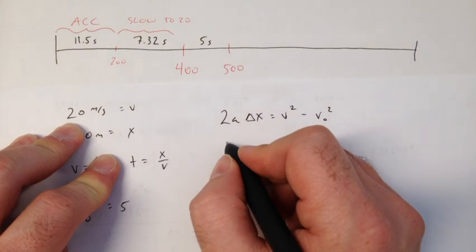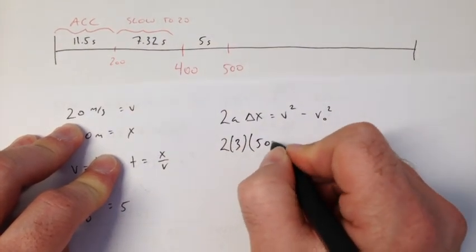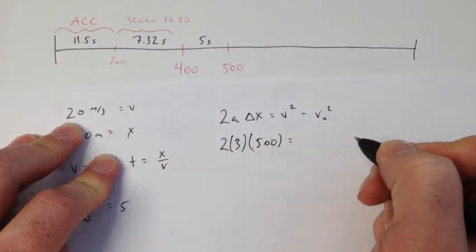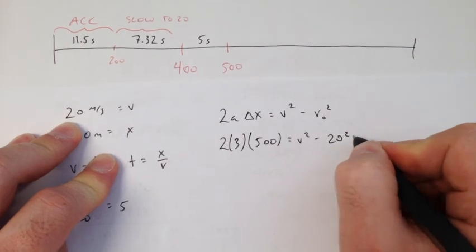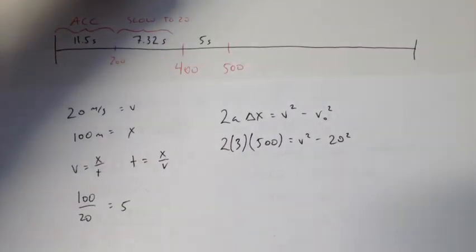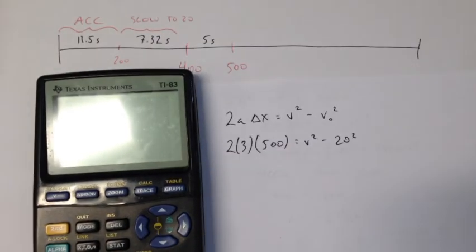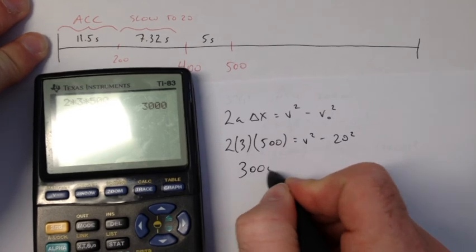My acceleration can be 3. My delta x is going to be 500. I don't know what my final velocity is, but I know my initial velocity is going to be 20. Solving time, 2 times 3 times 500. That's 3,000.